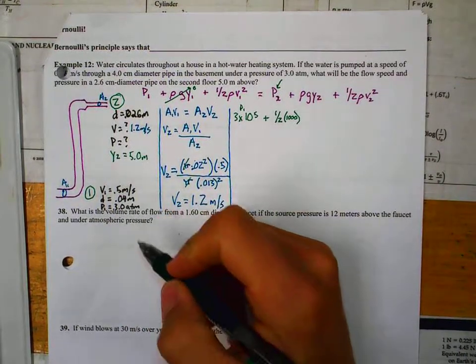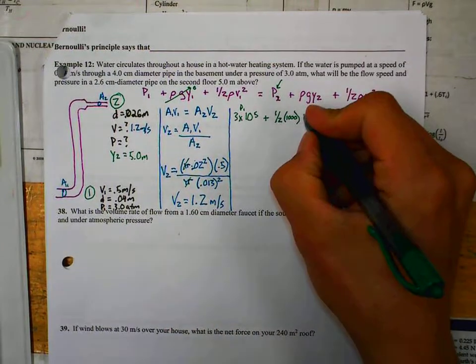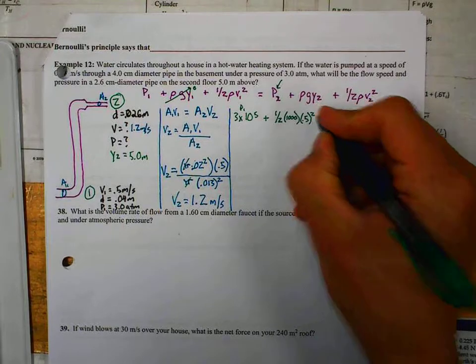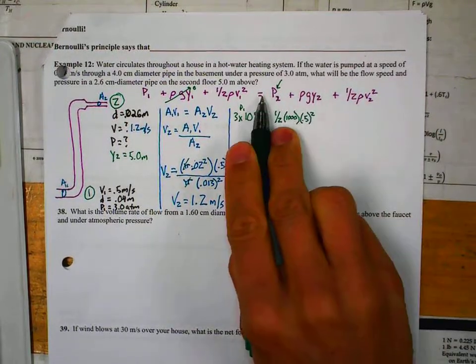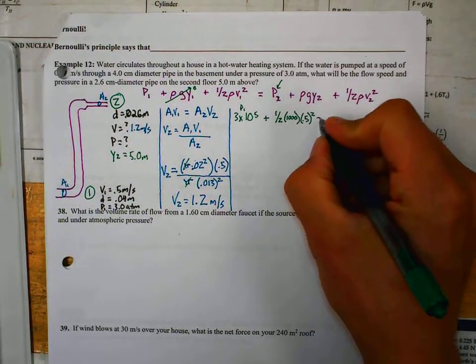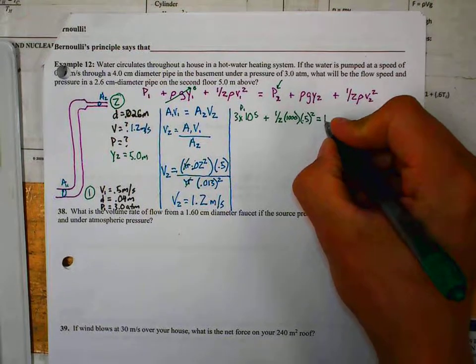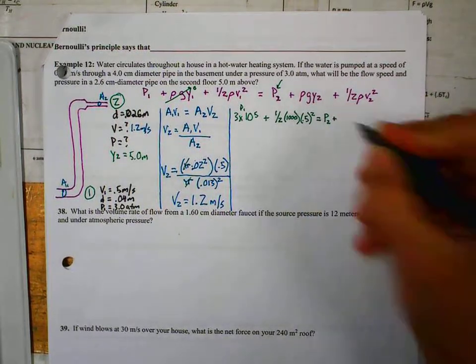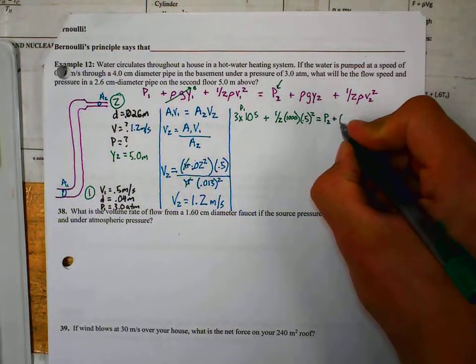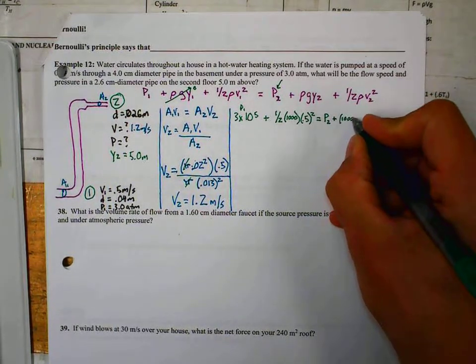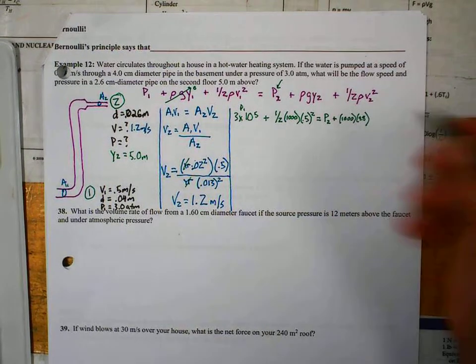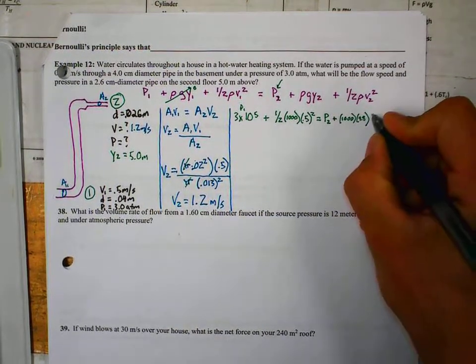Okay, so down here I've got 0.5 squared. Okay, then I've got this side. So P2 is what I want to find. I'll leave that as P2. Rho gy is 1,000 times 9.8 times 5.